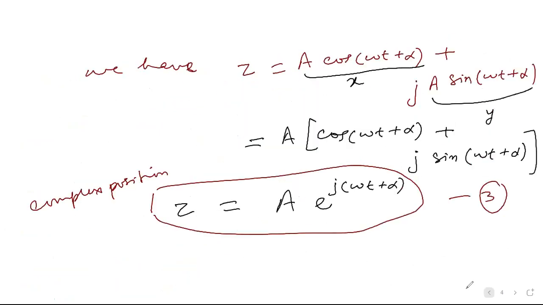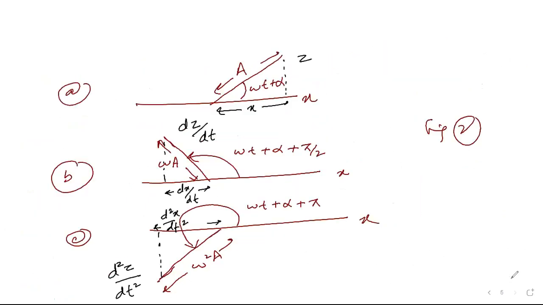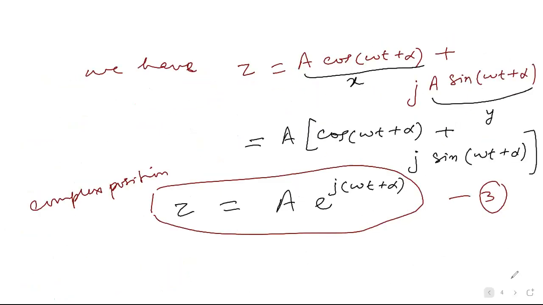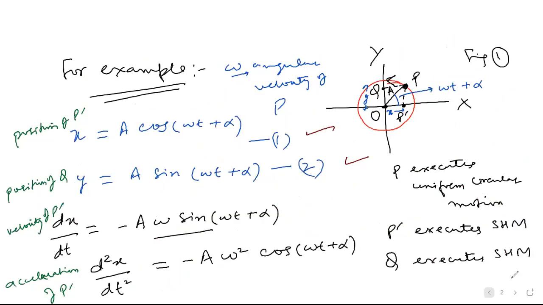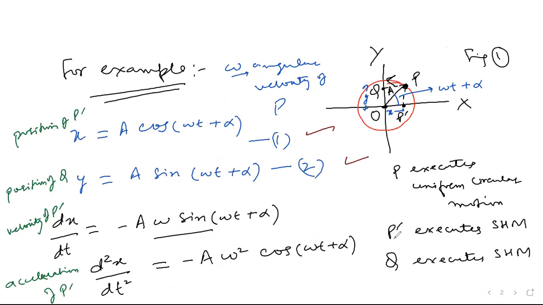It allows us to use Euler's relation here, right? Let me summarize. We have to analyze oscillation, but we exploit the relationship between uniform circular motion and simple harmonic motion.